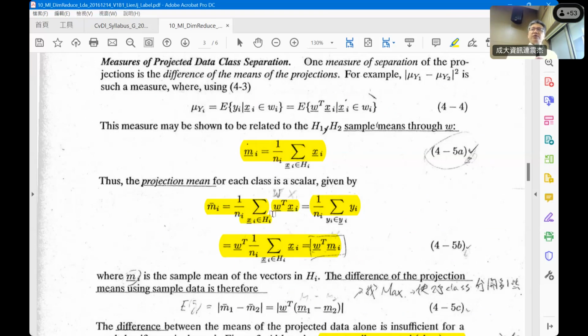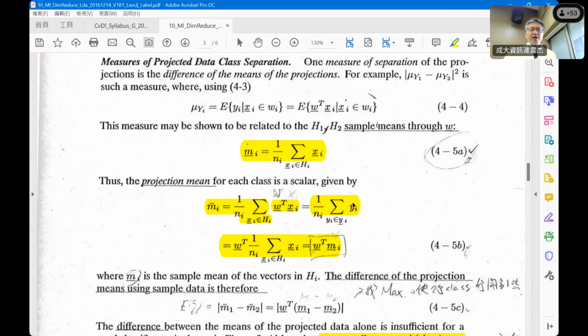We don't know W yet. W is the line you want to project onto, actually the normal direction. After you project and get an average value, it becomes the 1D average value.